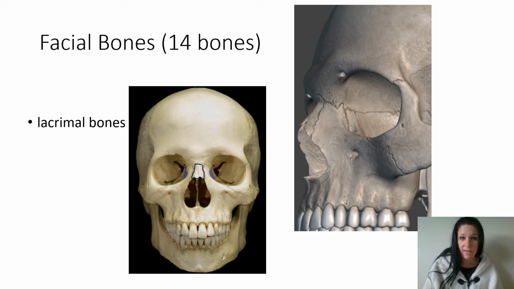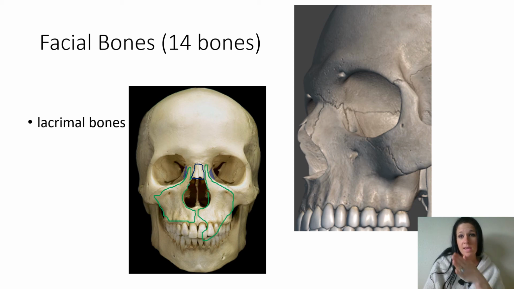And then the maxillary bone, which comes up and down here. Okay, so maxillary bone. And then you can see highlighted in blue are those little rectangular bones lateral to the maxilla, and those are the lacrimal bones.